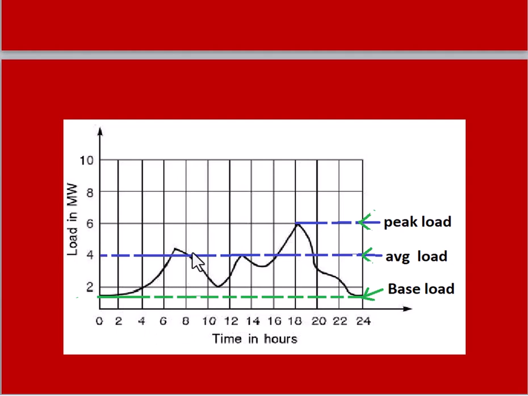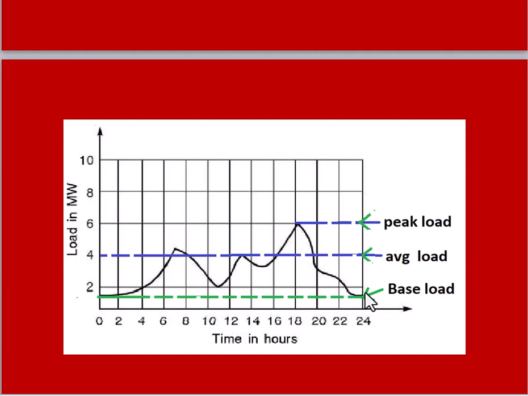At 8 o'clock, it is something like this. Again, at the end of the day, it is like this. It is observed here that the curve has ups and downs. It moves like this, reaches maximum, then reduces, then reaches the maximum value again. It follows a different pattern like this.